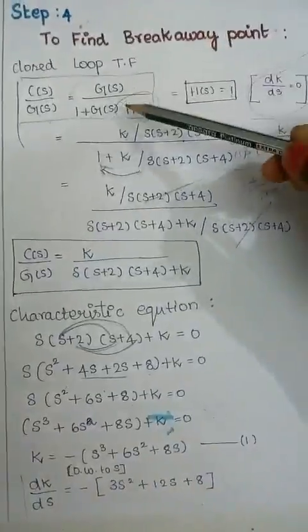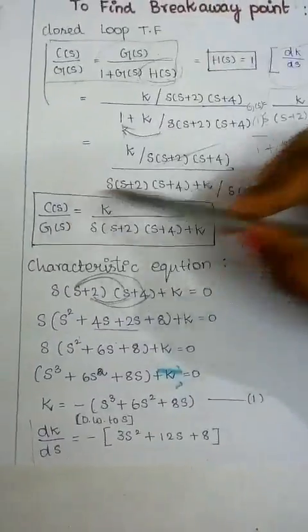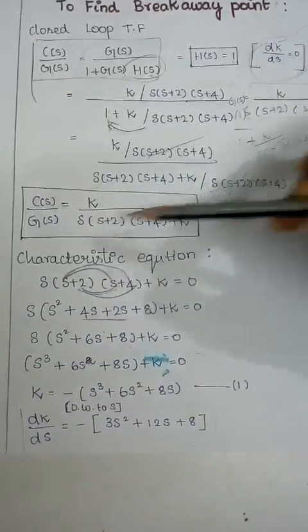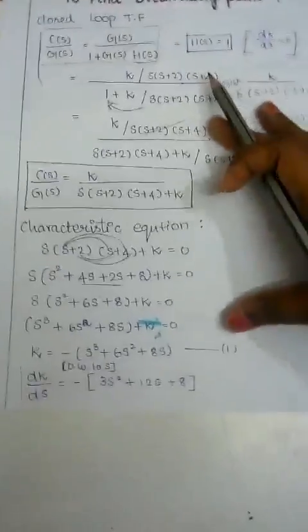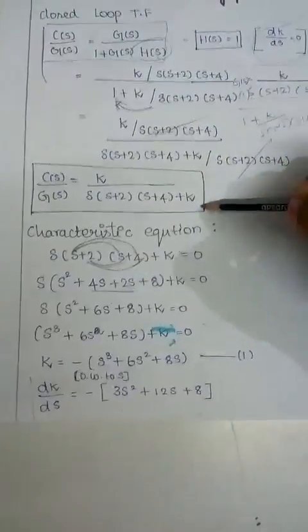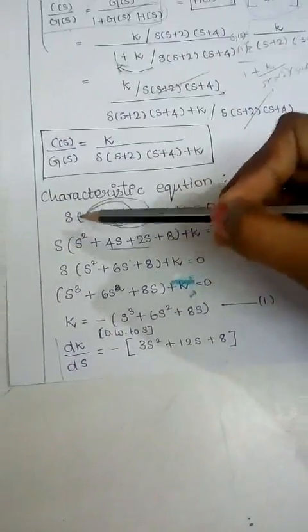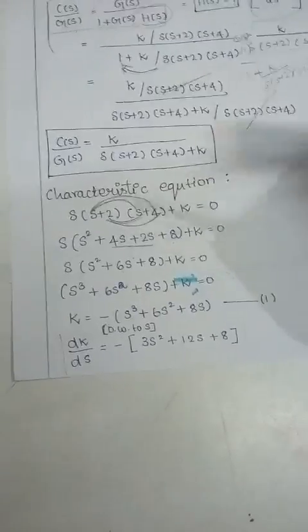Next, we substitute in the formula and we get C(s) by R(s) equal to K by s(s plus 2)(s plus 4) plus K. The denominator is our characteristic equation, so take that only: s(s plus 2)(s plus 4) plus K equal to 0.